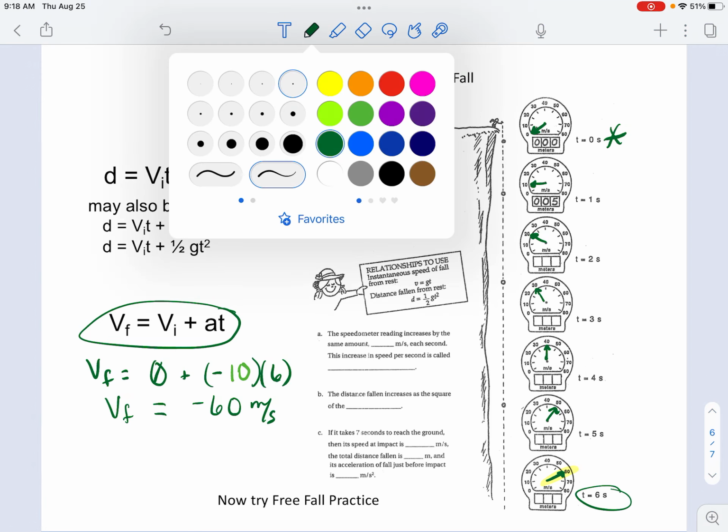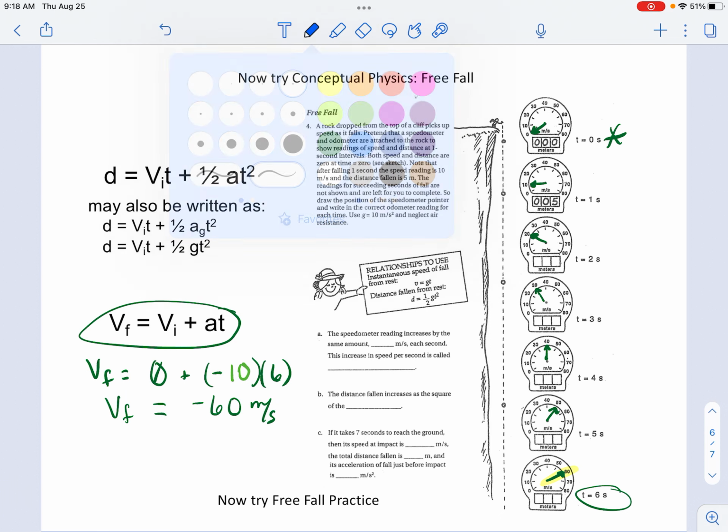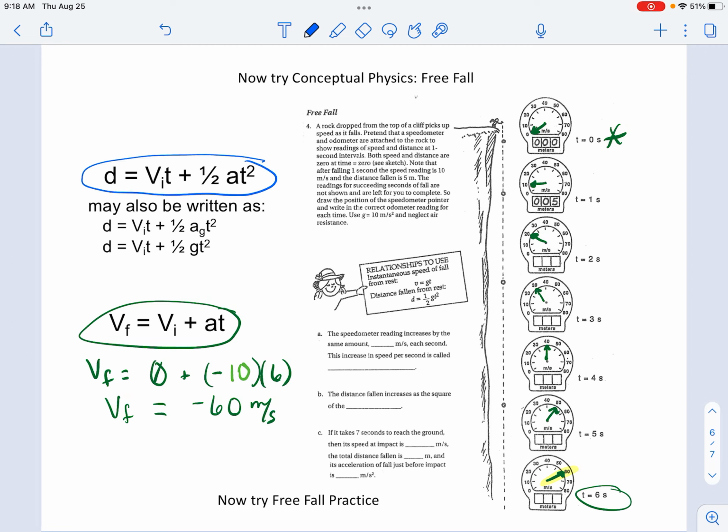The other equation that I have here for you shows a process by which we would take this formula from our kinematics equations, and we're using this to show how far the object has fallen. So you can see here's how far the object went in the first second.